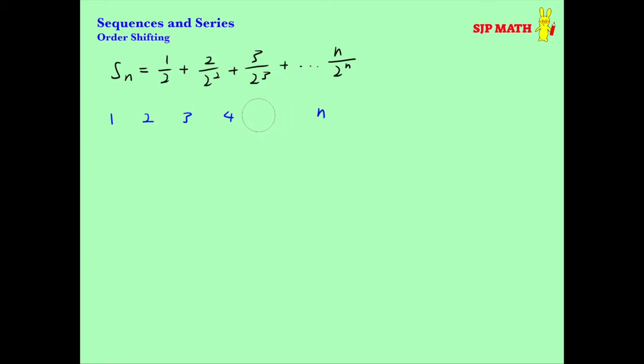We're going to focus on the numerator first, and it's an arithmetic sequence increasing by 1, so it's a pretty simple arithmetic sequence. What it means by an arithmetic sequence is that there's a constant difference between terms. So you add the same number to get the next term. In this case, it is 1.